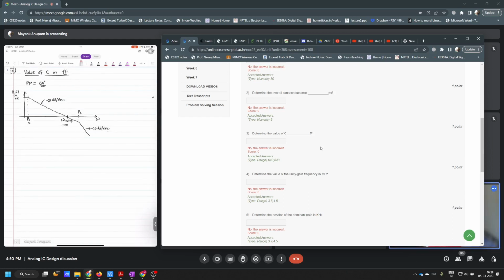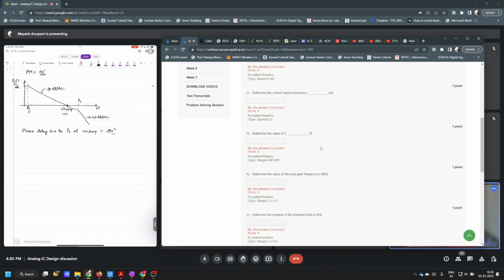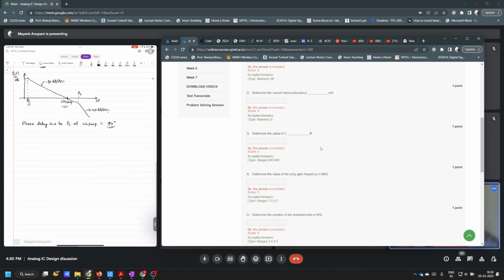First, the phase delay due to P1 at omega u loop is equal to minus 90 degrees. Since we are writing in terms of delay, let's call it 90 degrees. Whatever extra phase delay we have at omega u is because of P2, right?